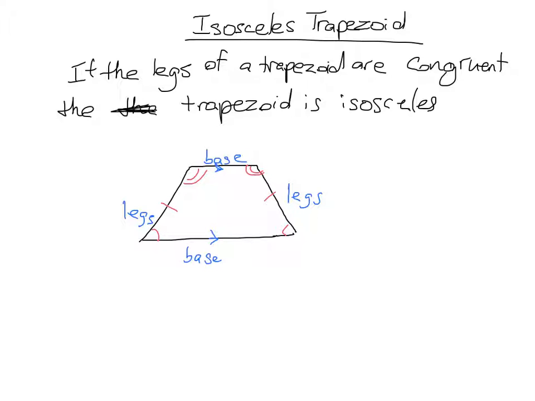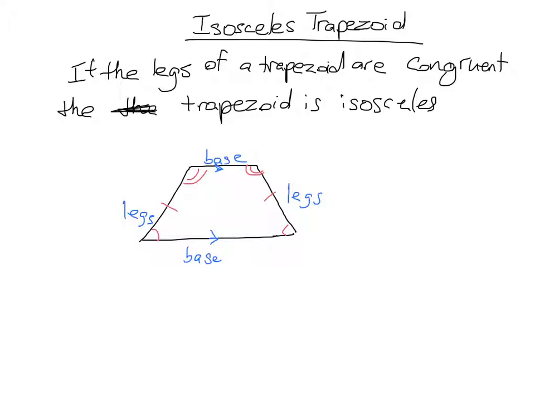All right, something else that we need to know is we actually don't have to check to make sure there are two pairs of congruent base angles if we have our parallel sides. So if we know for sure it's a trapezoid and we can tell that at least one pair of angles are congruent, then we'll know that it is going to be an isosceles trapezoid, and automatically it will follow that the other pair of angles are congruent as well.